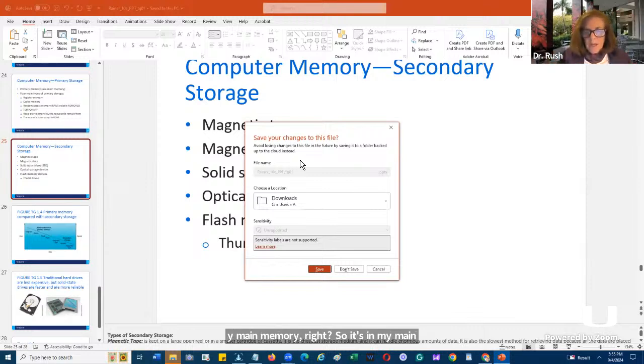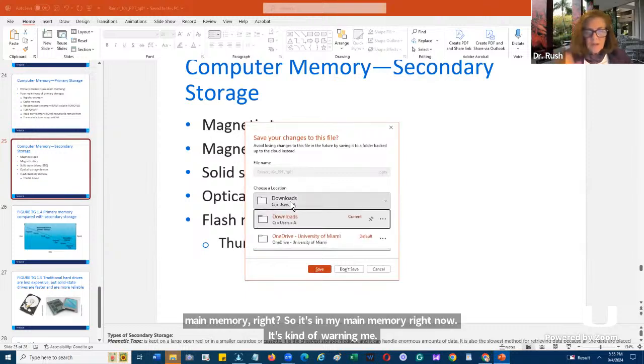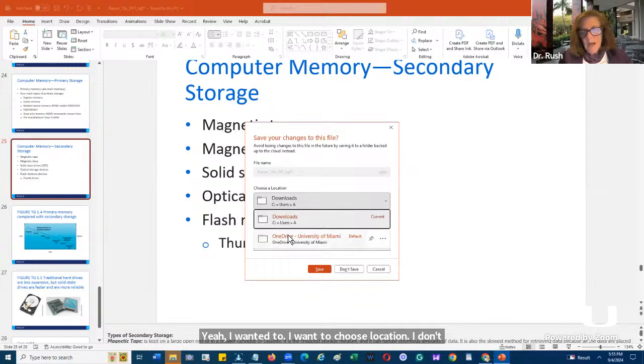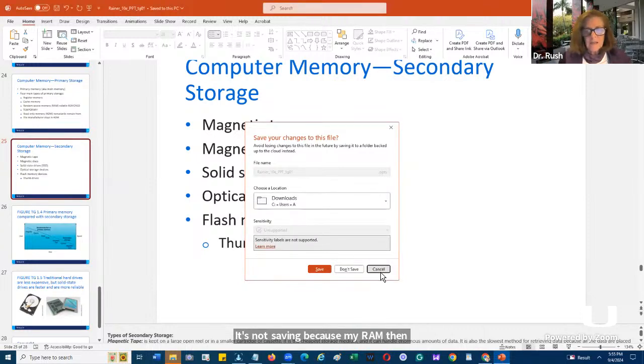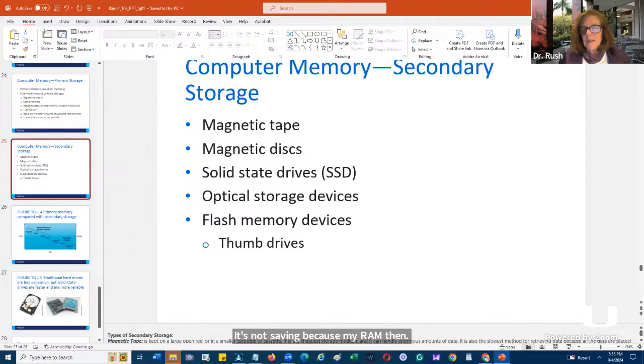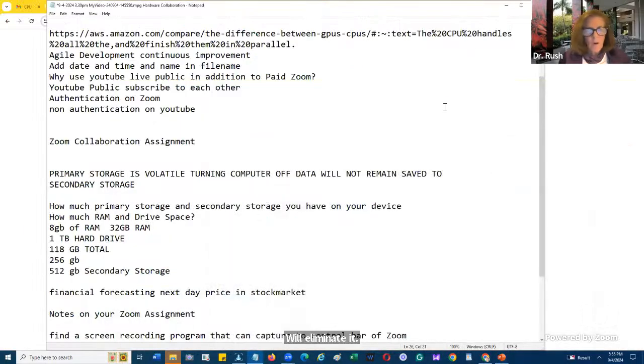It's kind of warning me, yeah, I want to choose the location. I don't want it to cloud. I want it somewhere. And then it says, hey, I can choose the OneDrive, right? I don't want to save, right? It's giving me a choice because it knows that if I don't save, my RAM will then eliminate it. Okay, so I can say this. I can now just even minimize it if I want, and I can go through it.